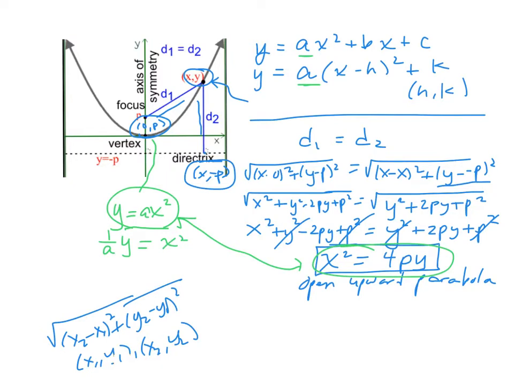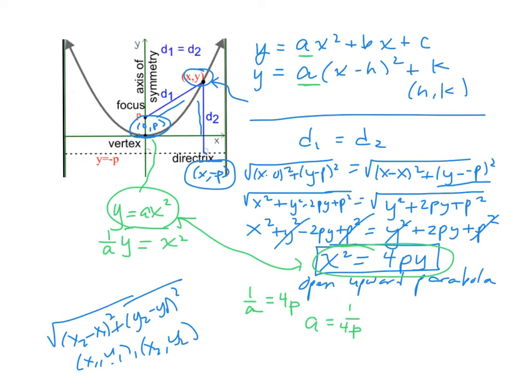And so basically we'd have 1 over a is equal to 4p. Or sometimes you'll see it the other way around: a is equal to 1 over 4p.